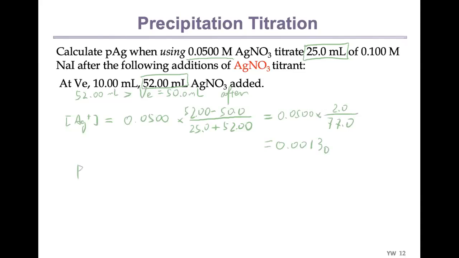And then pAg will just be negative logarithm of 0.00130. And what do we get? Would it be wrong if I put 0.0012 sub 9?